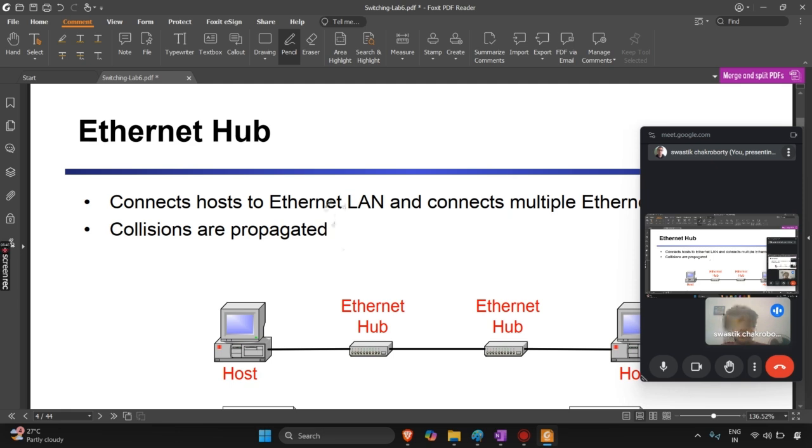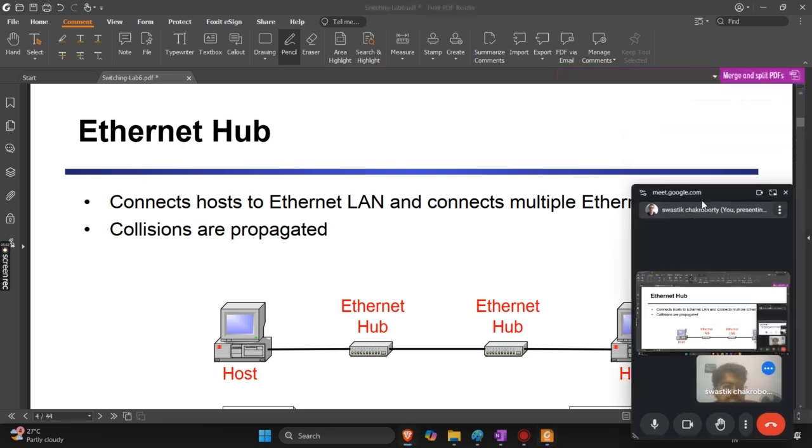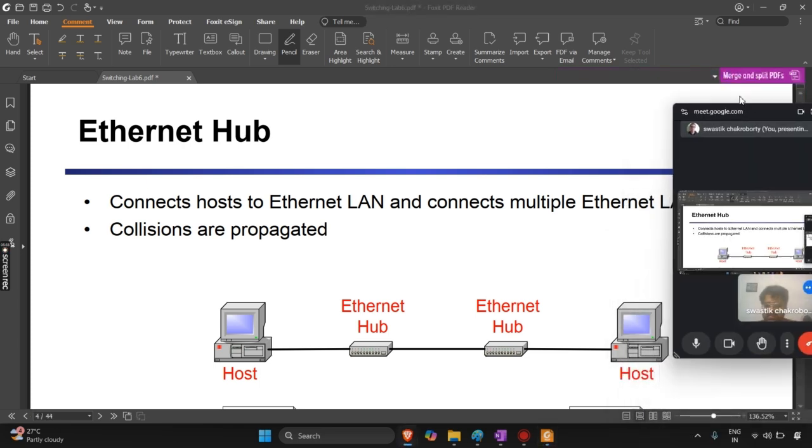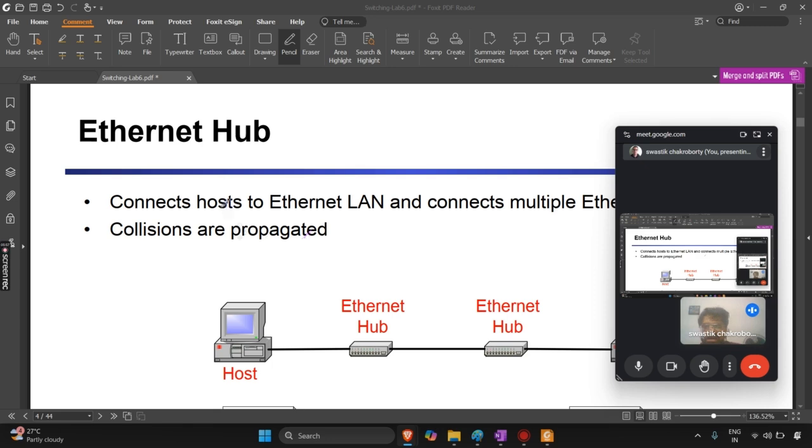Now, an Ethernet hub connects hosts to an Ethernet LAN, that is a local area network, and connects multiple Ethernet LANs. So it connects all the end user devices to the local area network.